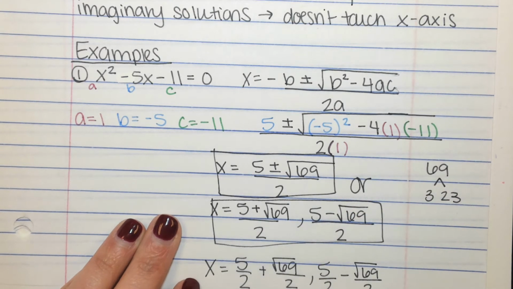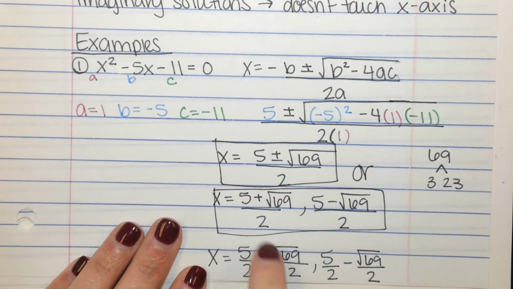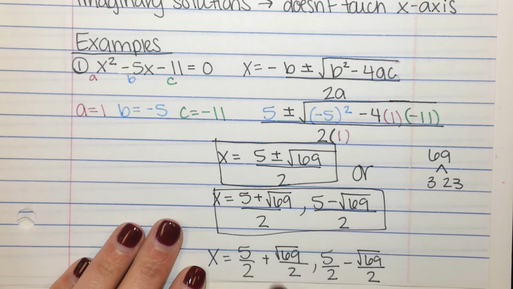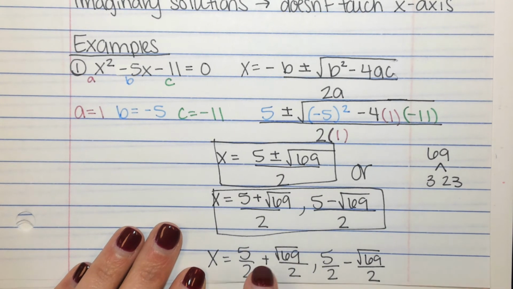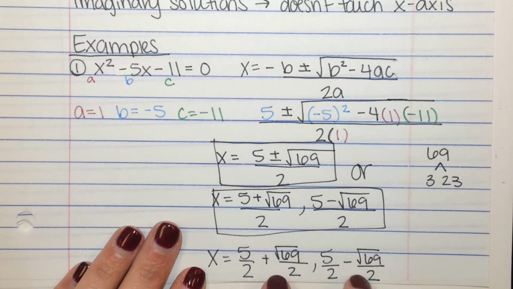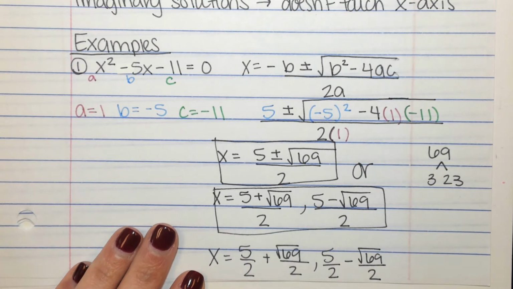So if you see that, I want you to recognize that all three of these answers mean the same thing. Okay, I do think you might have some multiple choice questions that have your answers like this. I can't remember for sure, but just know these are just separated, okay, but they mean the same thing.